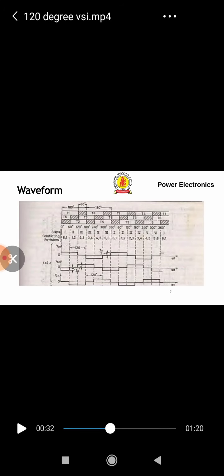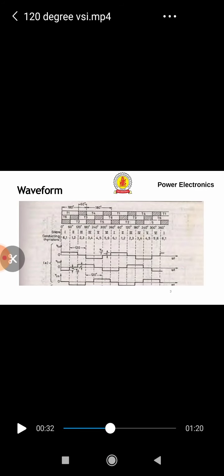In the second row, the cycle is complete in 180 degrees. T3 conducts for 120 degrees, and a similar operation follows.